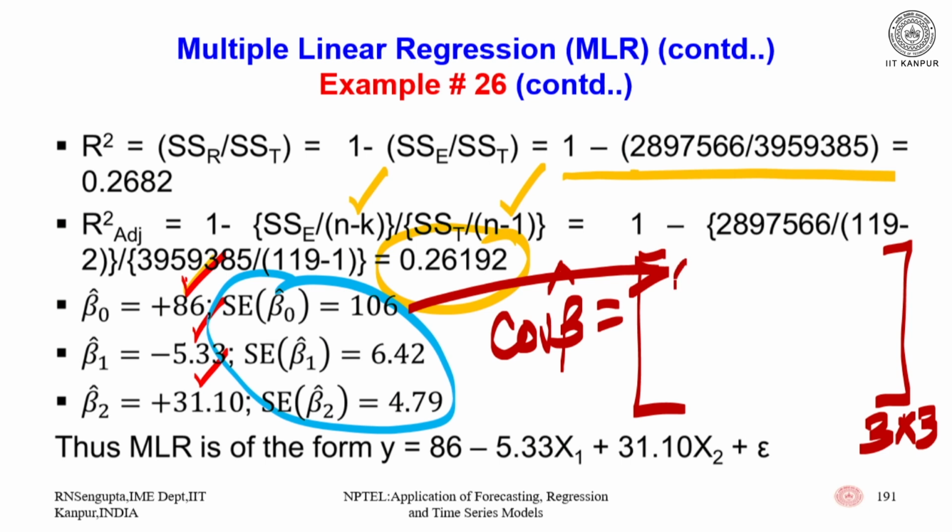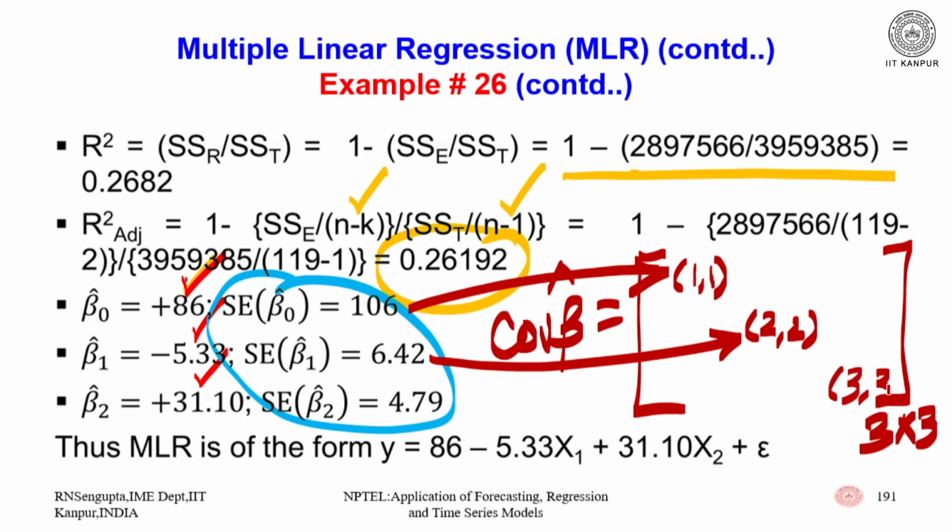So, that will go to position 1 comma 1. Similarly, in position 2 comma 2, the square of this would be coming, because that is the variability for beta 1. And similarly, in 3 comma 3 place, the square of 4.79 would be coming, which is the variability of beta 2.